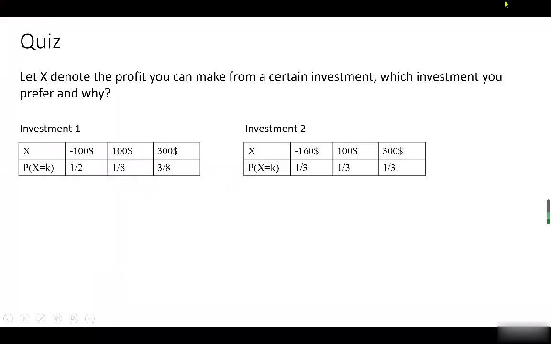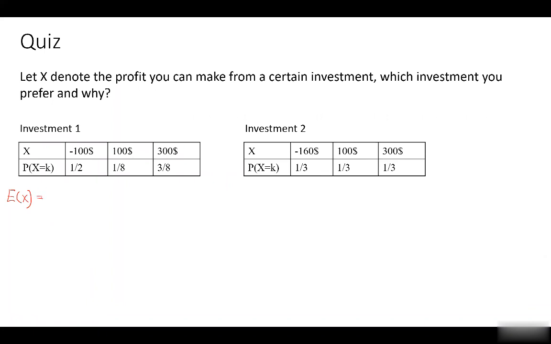Okay, so any ideas? All right, according to our analysis, first of all, we need to determine which option has a higher average profit, right? So let's calculate the expected value of X in the first option first.